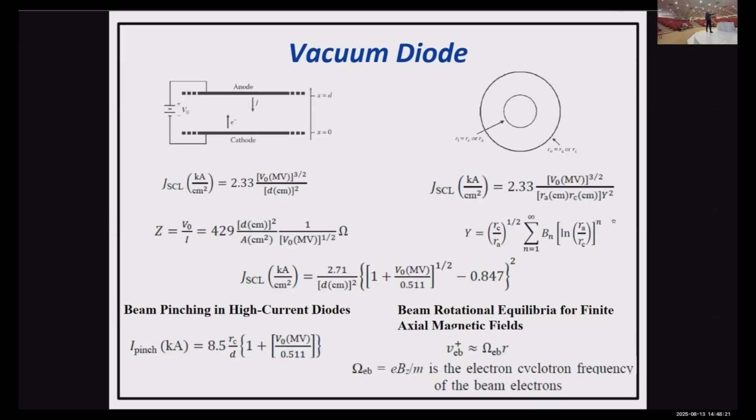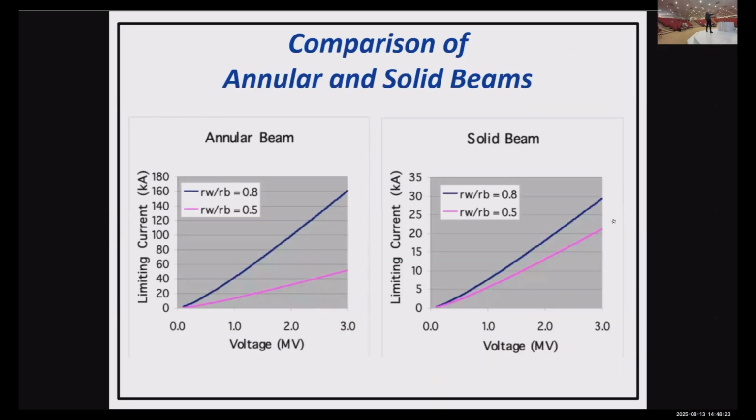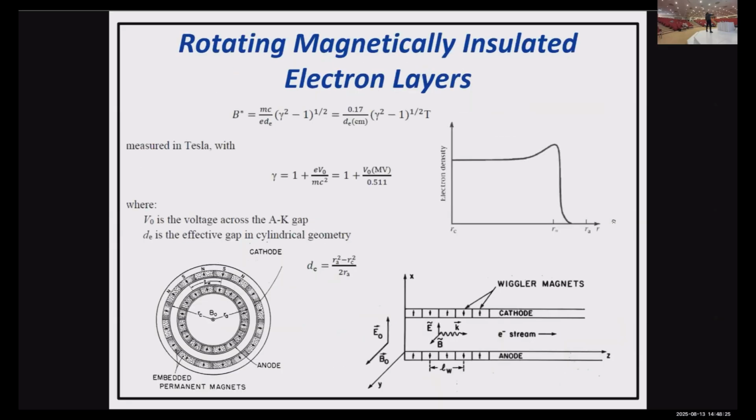I'll come back to this, but if you have two cylinders here, the inner one or the outer one is the cathode. You want to generate a ring of electrons and send it into the interaction region, and this will require more careful considerations about your ring.